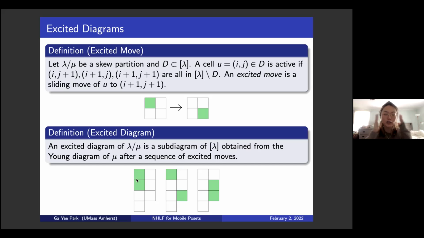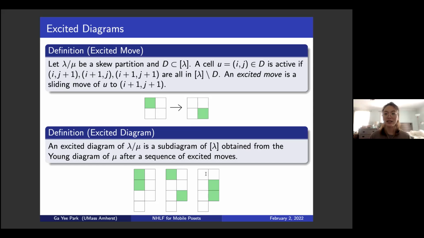Then if it's not a skew shape, there wouldn't be this particular shape for the colored thing to move, and then there will just be truly one excited diagram, which is just the shape. But in between it can be any shape, the complement. Yeah. Okay. But in the case of border strips, it's always, again, a border strip, I guess.